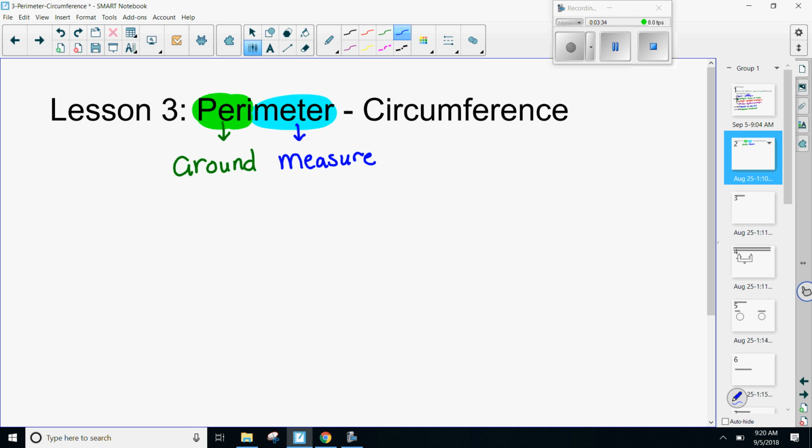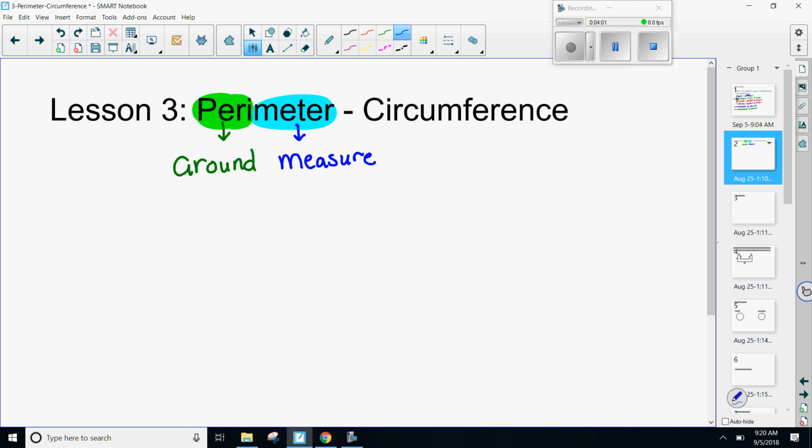Given a polygon, maybe it's not even a polygon, maybe we just have a two-dimensional figure because we have a curved segment to it. That means that it's no longer a polygon. We want to be able to find the perimeter. Why would you have to know the perimeter? Construction.